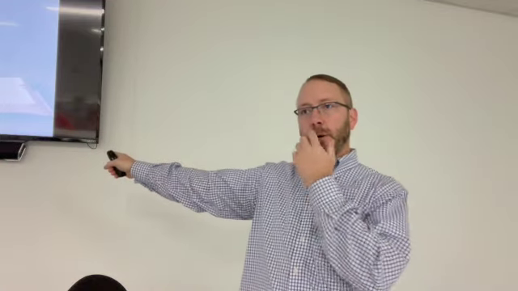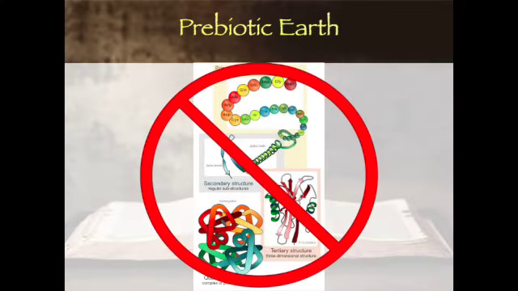Has zero function until it gets to that. And if you mess up one amino acid in that chain, it's done. Doesn't work. Smallest functional protein that we know of, 150 amino acids long. 150 amino acids long. That can't happen on its own.